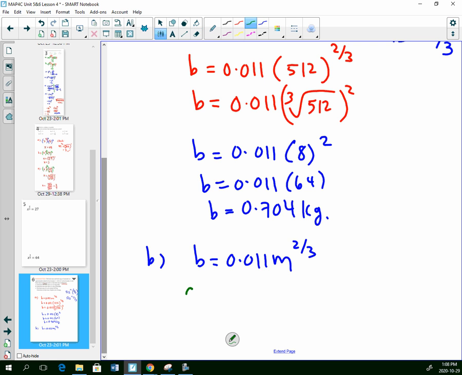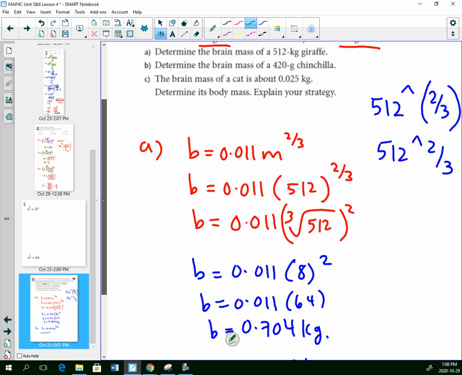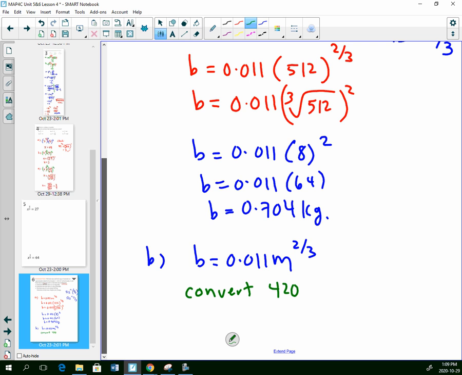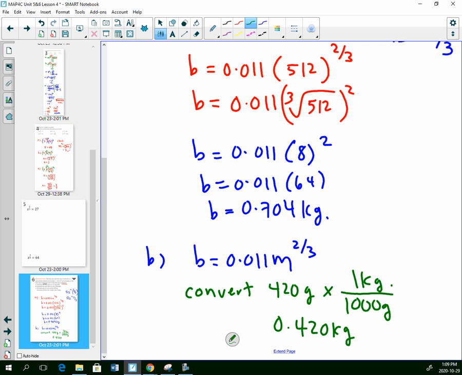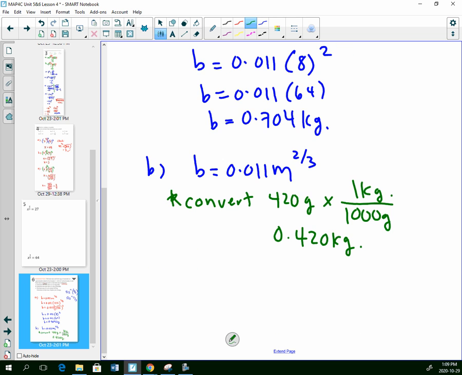So we need to convert the 420 grams to kilograms. So there are 1,000 grams in 1 kilogram. So this would equal 0.420 kilograms. Okay, so you have to make sure that you change that over, and then we can put that into the formula.